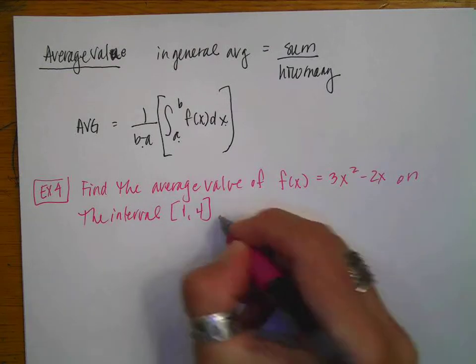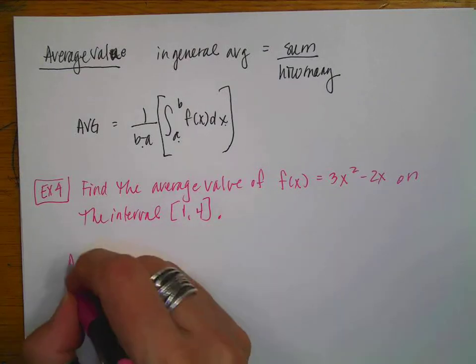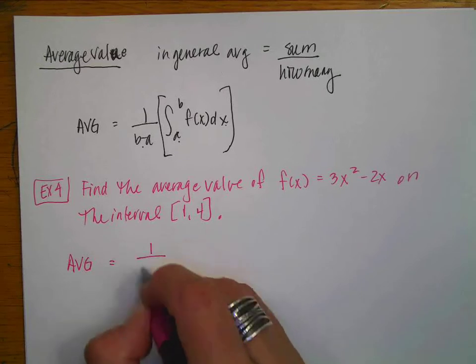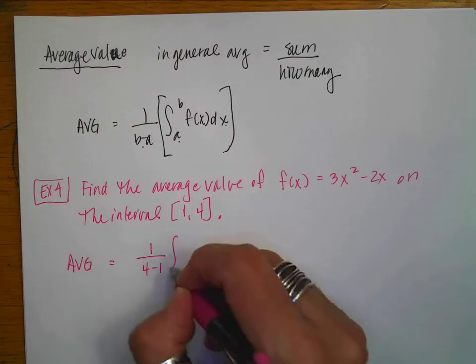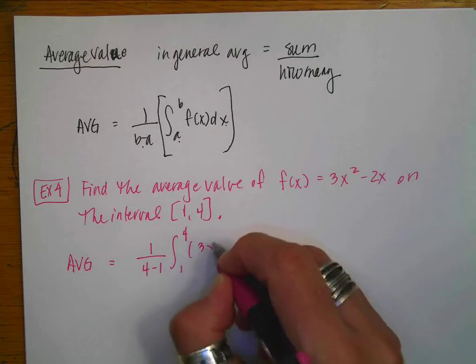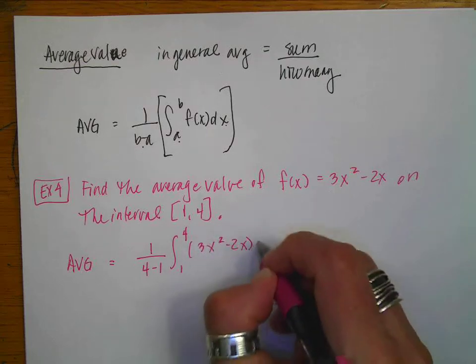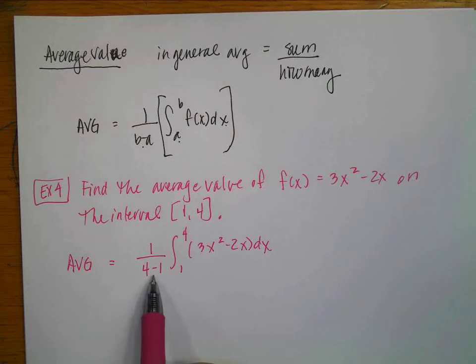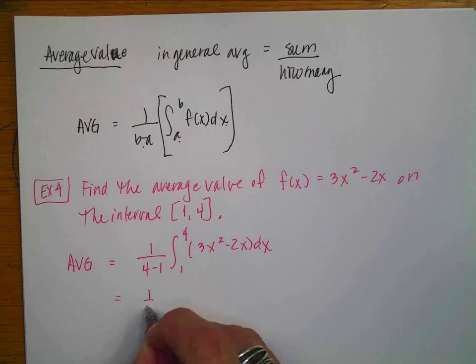Okay, we've talked about we need to label our work when we start, so I'm going to write that the average value is equal to 1 over 4 minus 1 times the integral from 1 to 4 of 3x squared minus 2x dx. This is what I mean when I labeled, I'm showing my work. I showed it's 1 over b minus a, and then I have my integration.